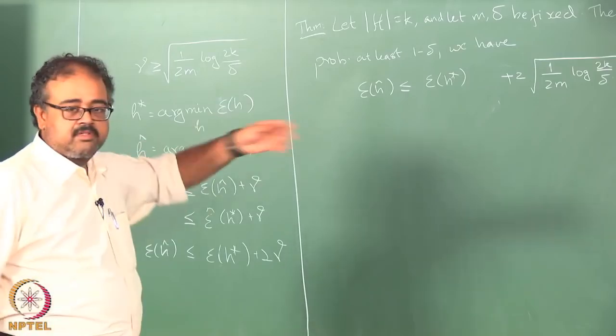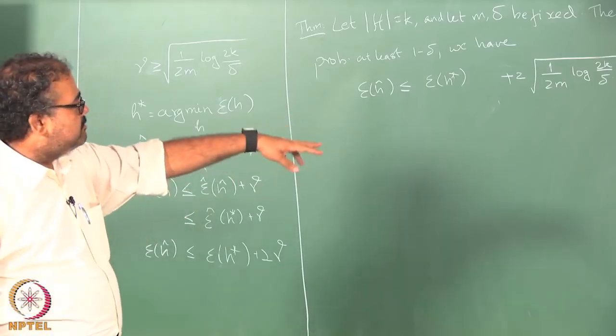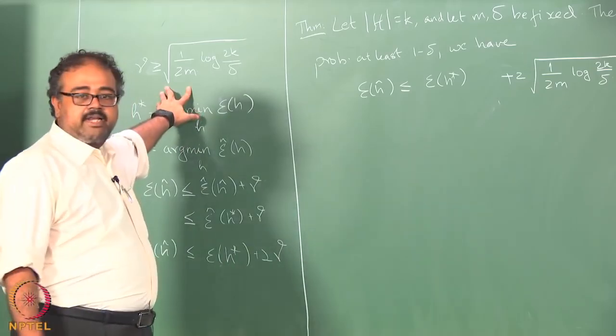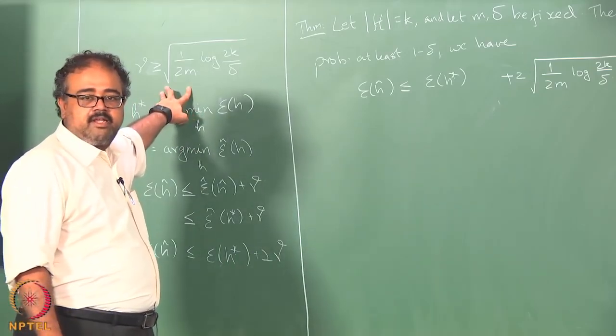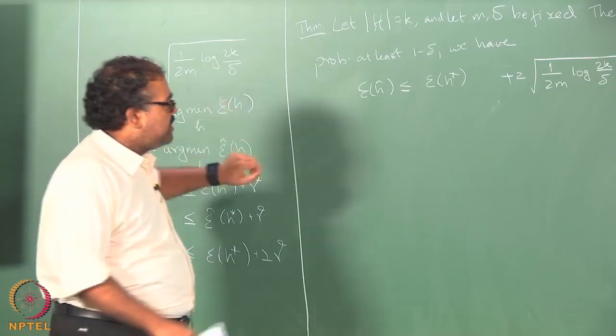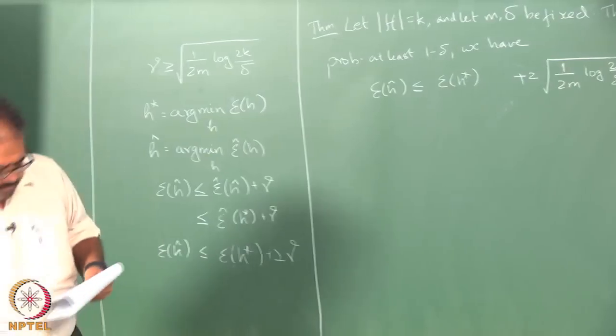So essentially I have written out gamma from wherever we solved for gamma. I wrote the gamma expression down there, and we get this. Fine. But what is epsilon H star?